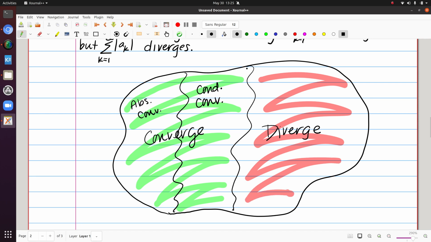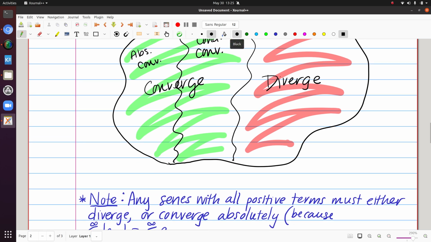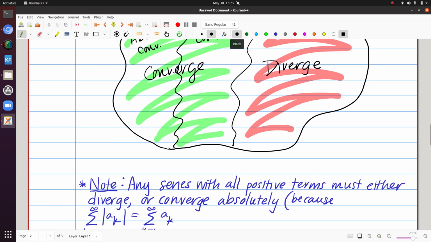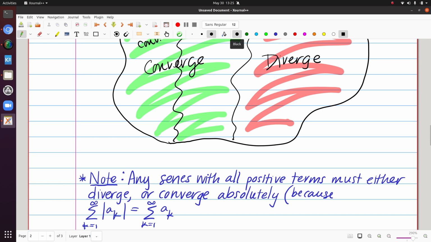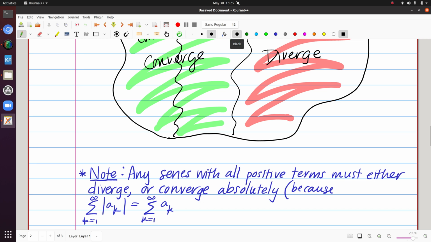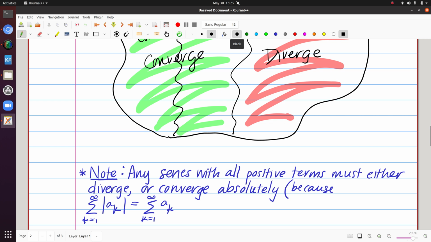Okay, so one thing that would be a reasonable thing to wonder is, why are we bringing this up now after we've looked at so many different tests? And the reason is that when we were talking only about series with positive terms, then there is no notion of conditional convergence. A series that has all positive terms will either diverge or it will converge absolutely.